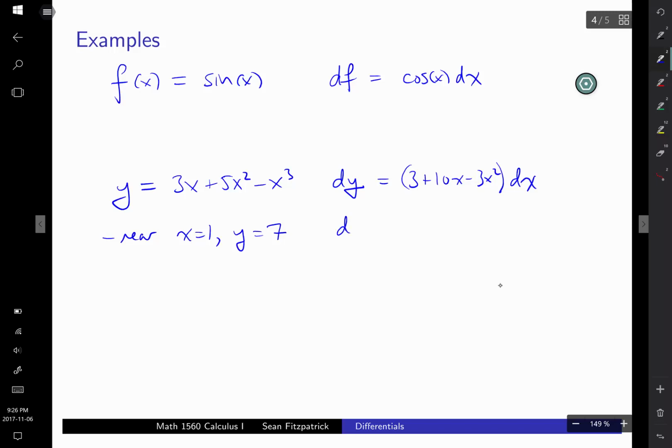Then your dy is going to be 3 plus 10 minus 3. dy is going to be 10 dx. Right? So what does this mean?